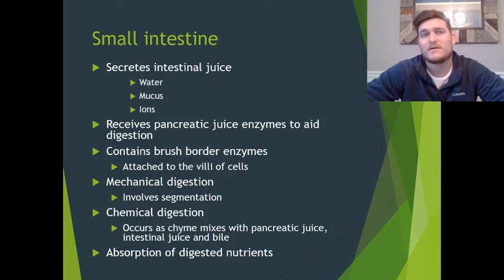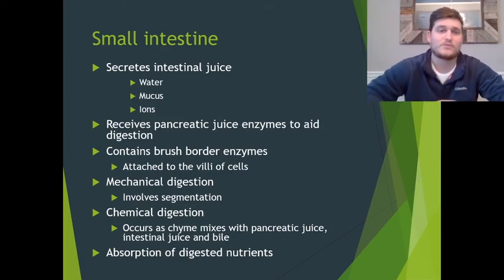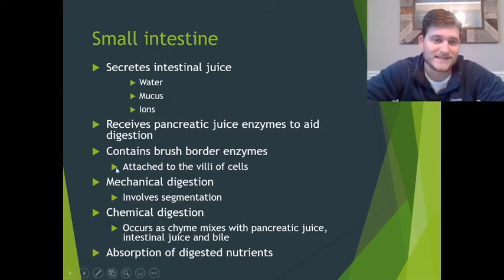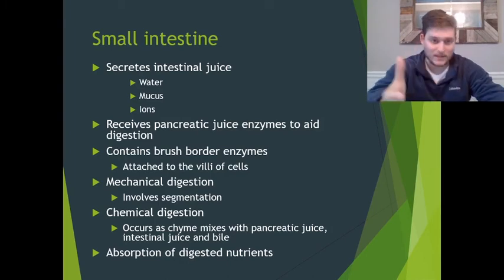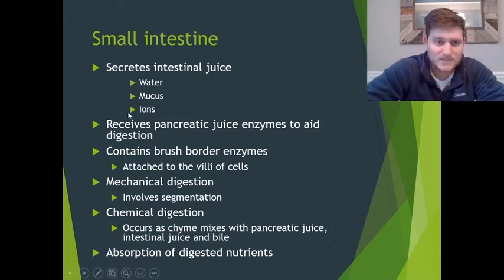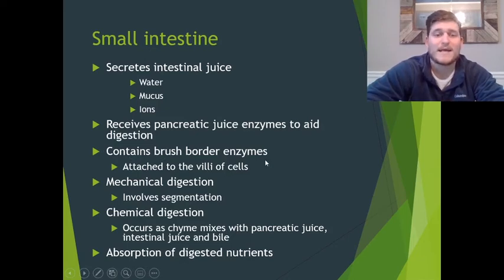The small intestine also has its own intestinal juice, which is composed of water, mucus, and different ions. Again, it's going to receive certain pancreatic juice and bile from the pancreas and the liver. And within the small intestines, we have what's called brush border enzymes.